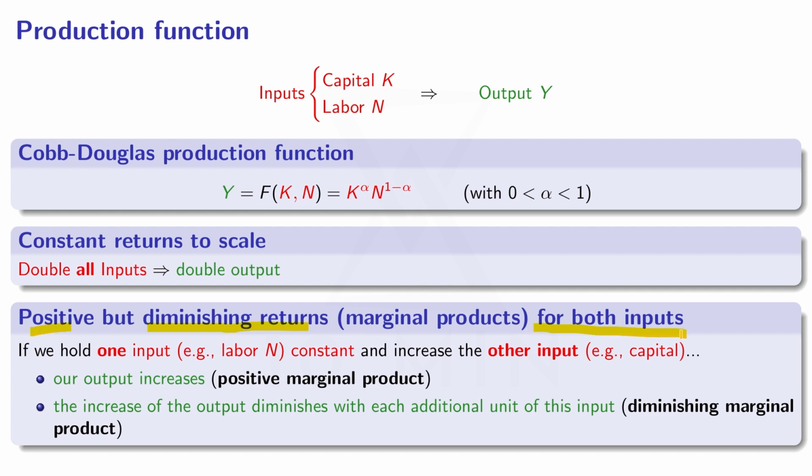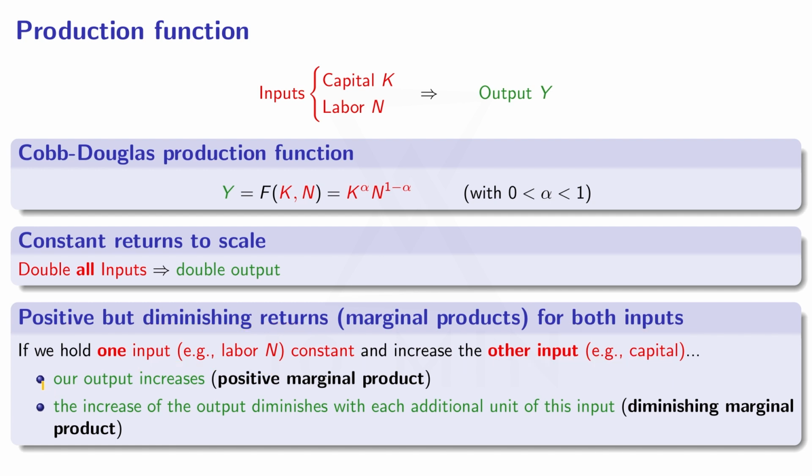each individual factor. So while for constant returns to scale we multiplied both inputs at the same time by a given factor, now we check what happens if we hold one input constant, for example labor, and only increase one input, namely capital.